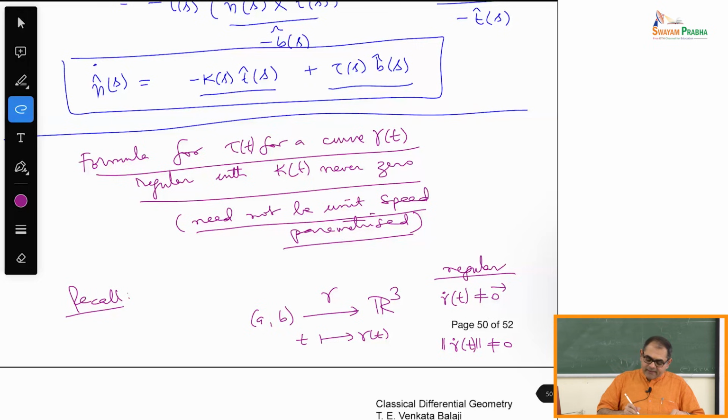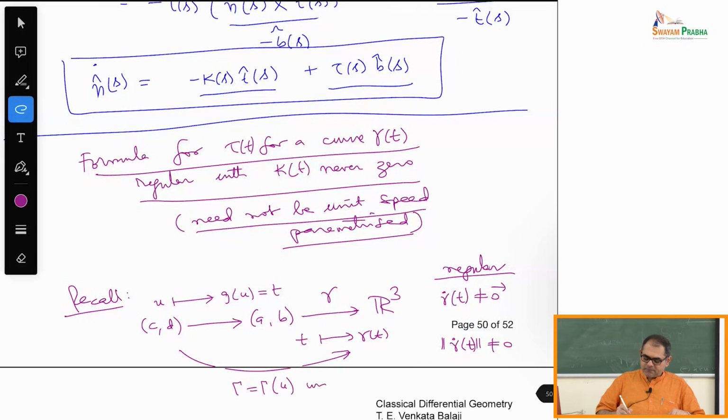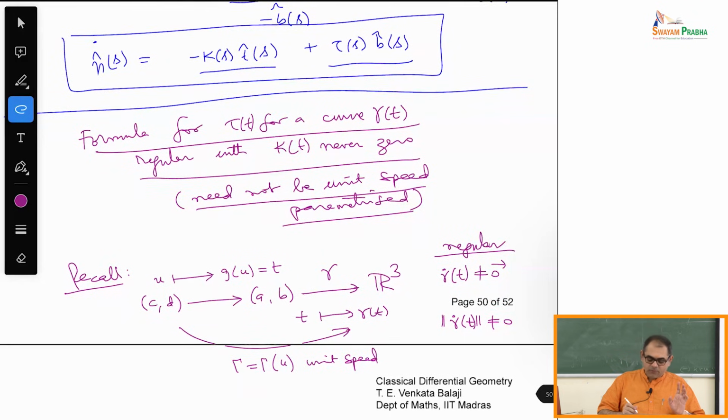Okay, and what is the unit speed parameterization? What you do is you do it like this. You have this interval c comma d, and you have a change of variable. You send u to some g of u, which is your t. This is your change of variable, so that this new curve capital gamma, which is gamma of u, is unit speed. And we know how to do this.